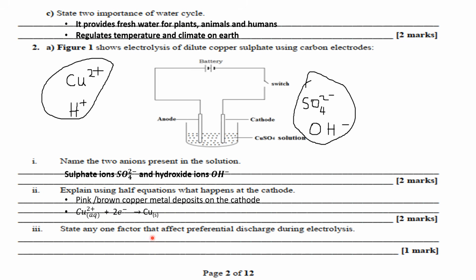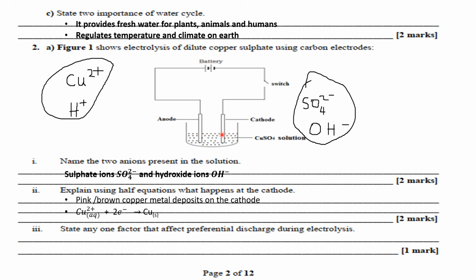State any one factor that affects preferential discharge during electrolysis. Preferential discharge refers to the depositing or the gaining and the losing of electrons of the ions that are present in a solution. All right, whether it's gaining or losing electrons, it will lead to formation of new substance at the electrodes.